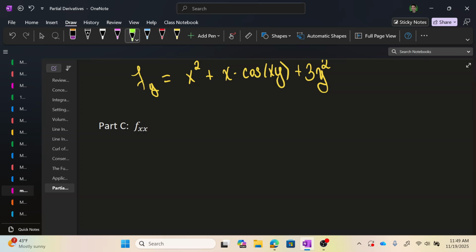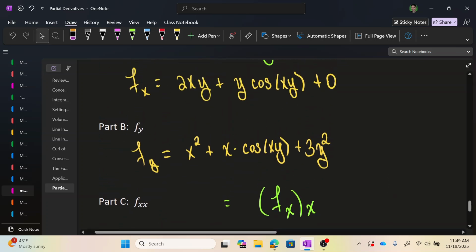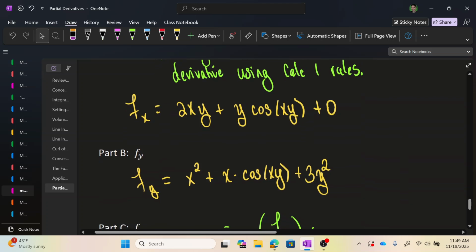What this is asking me to do is take the first derivative in the x direction, and then take another derivative with respect to x again. So I need to take the derivative with respect to x of the partial derivative with respect to x I found earlier in this problem. Let me just go ahead and copy paste it.